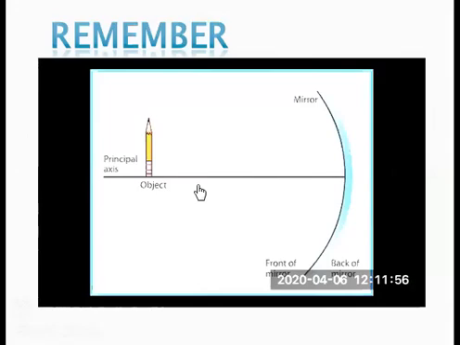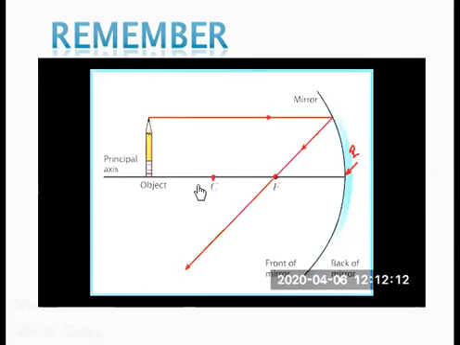Okay, this is the pole. This is C, this is F. Here, this is C, which is the center of curvature.